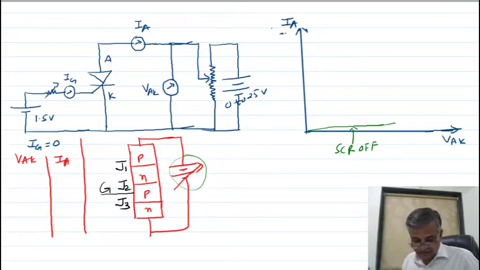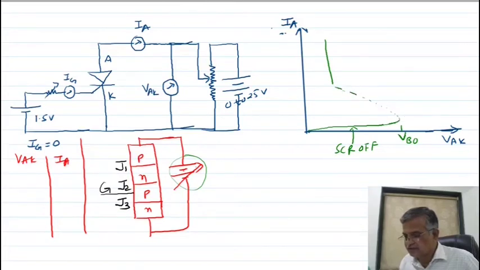As a result, suppose after this point current increases, so this is your breakover voltage, and as current increases, immediately we will get increasing current, and this portion is unstable, you cannot see.